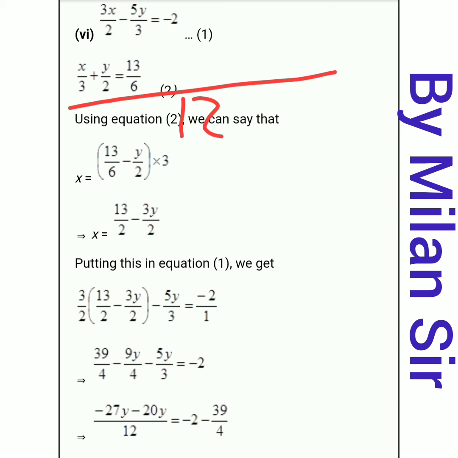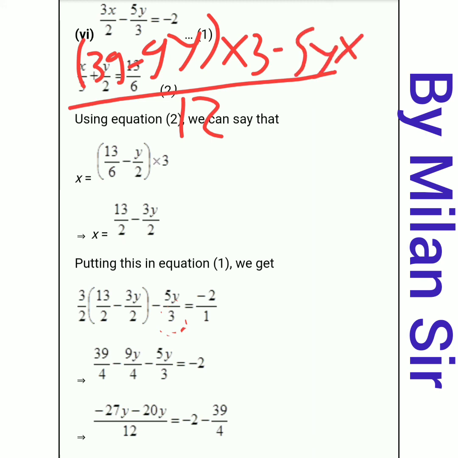It is 39 minus 9y, right? So cross multiplication process is there. So we need to multiply it with 3, right? Because we take LCM here, that's why. Then we have second term, it is minus 5y. Minus 5y, we need to multiply it with 4, cross multiplication, right? Is equals to minus 2 as it is.